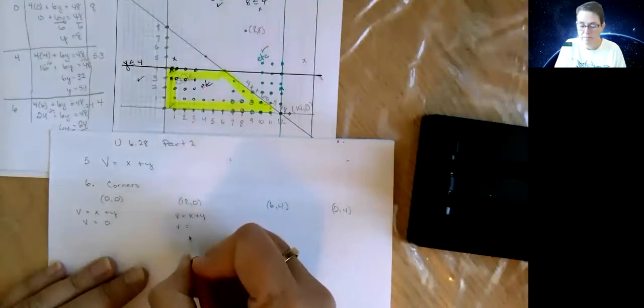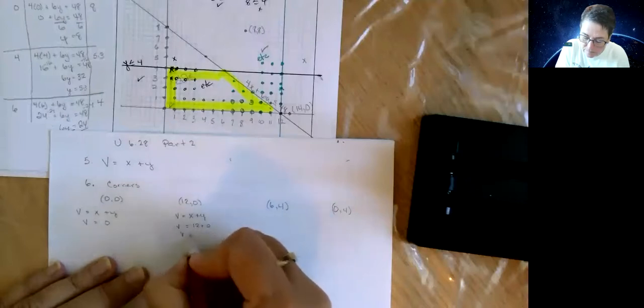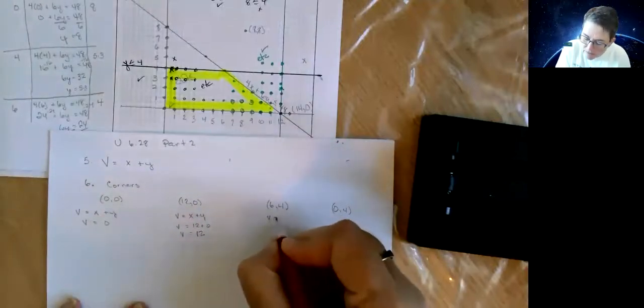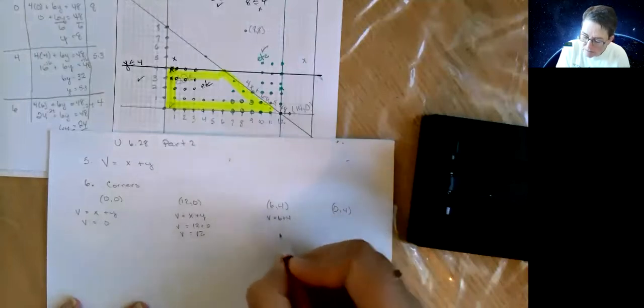Okay, it's X plus Y, but do it right. It's equal to 12. B is equal to 6 plus 4. I forgot my formula, but it's okay. B is equal to 10.